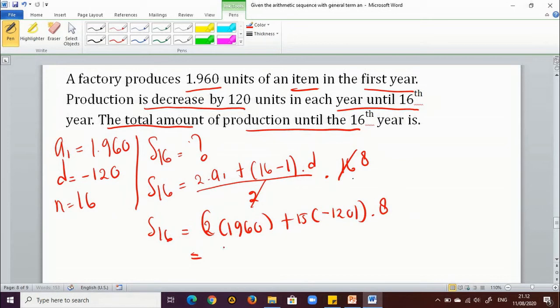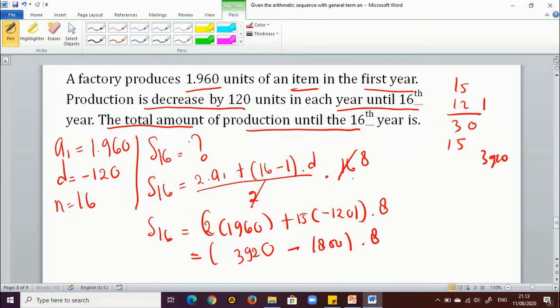Okay, so from here we simplify in this bracket. 2 times 1960 is 3920, and then minus 15 times 120 is 1800. So this one is 2120, times 8.